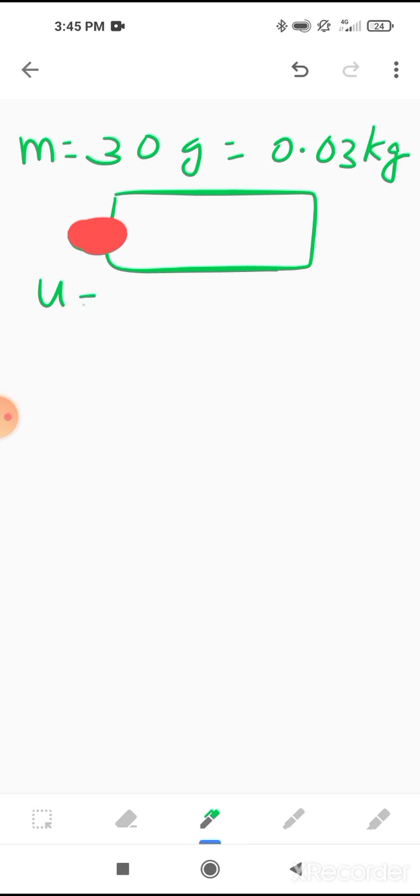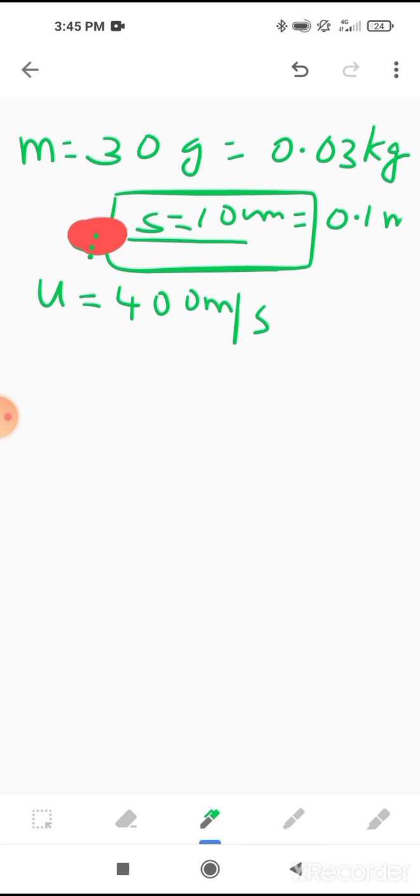It strikes with a speed of 400 meter per second. That is the speed at this point while it strikes the mud wall. Then this bullet went forward a distance of 10 centimeter, that means 0.1 meter. Then it comes to rest.